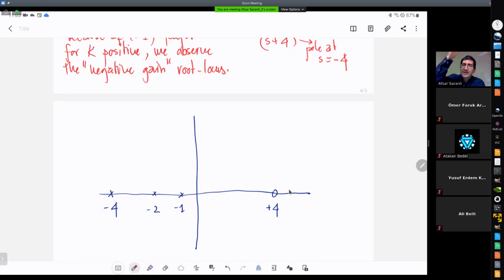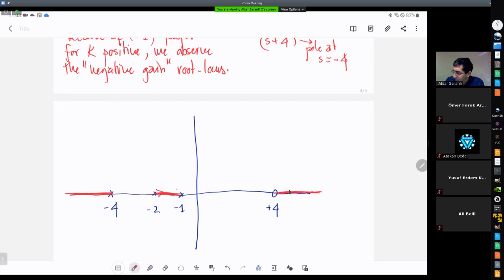Before we had 90 degrees and minus 90 degrees, now we will have 0 degrees and 180 degrees. Therefore, this region with an even number of poles and zeros at the right hand side is not included, this region is included, and this region is also included.